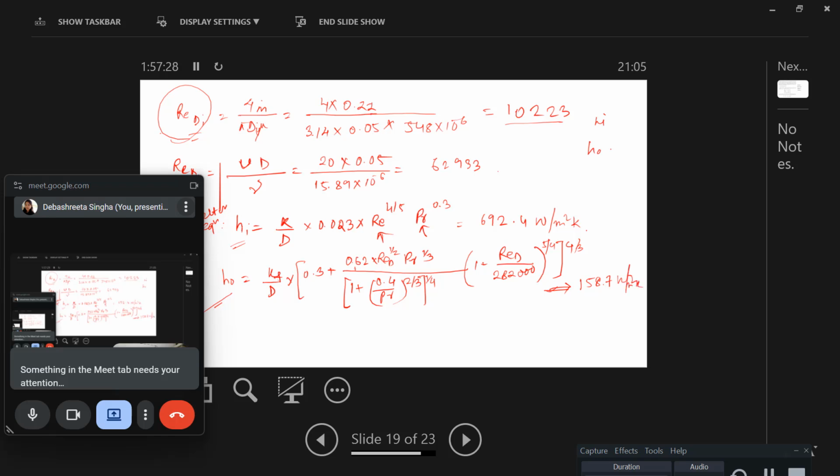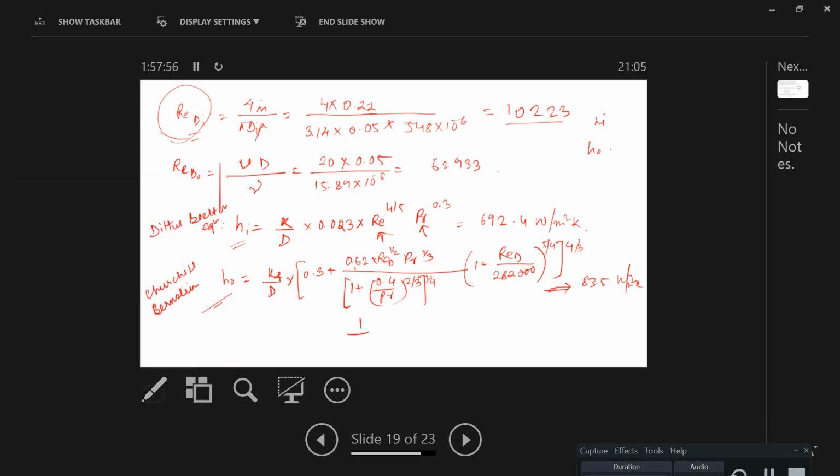Sorry, this is the Nusselt number. The heat transfer coefficient we get as 83.5.